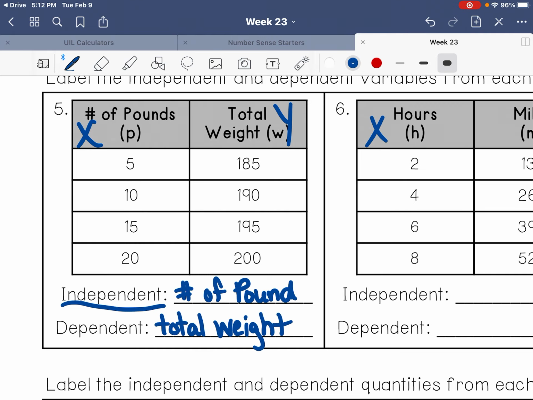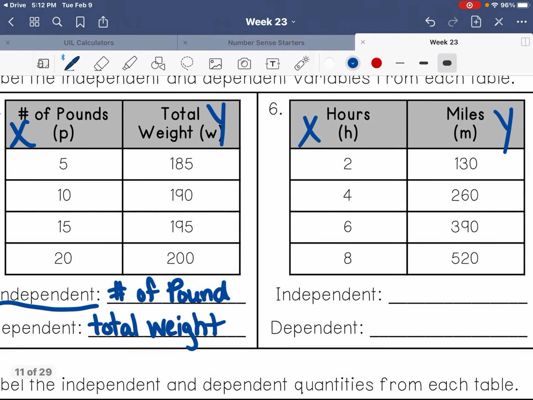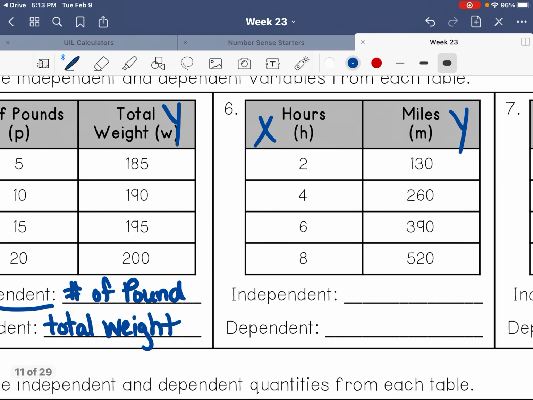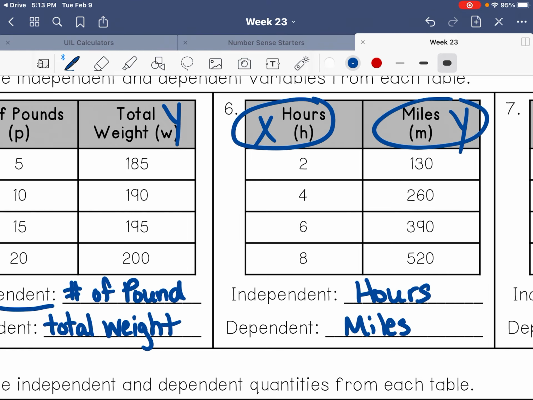It's really that easy if your graphs and tables are made correctly, and they will be in my classroom. All right, on number 6, hours is the independent. Miles is the dependent. Because I've already told you this is x, this is y, and that never will change.